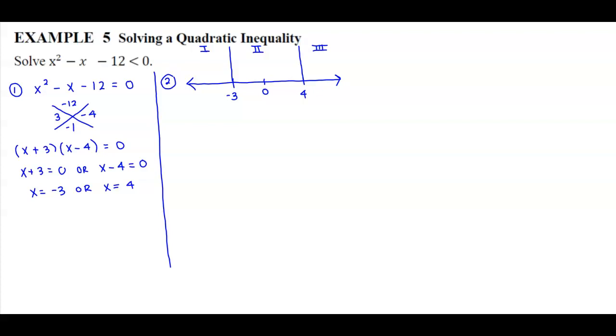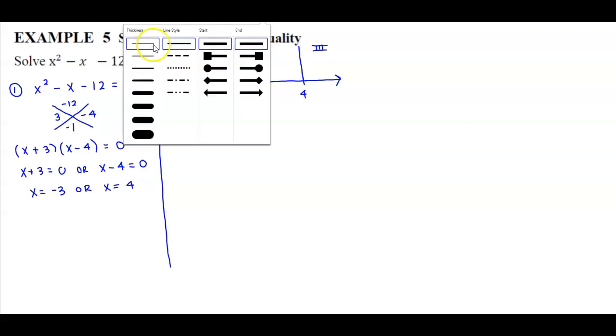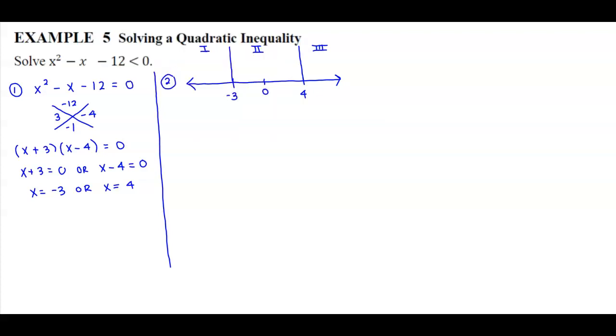And what do those regions tell us? They're going to give us intervals. Since this is an inequality with less than, we're going to have parentheses at each testing point. Region 1 goes from negative infinity to negative 3.